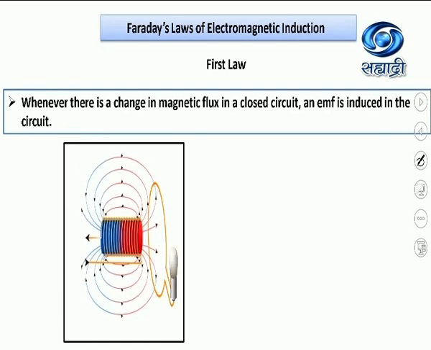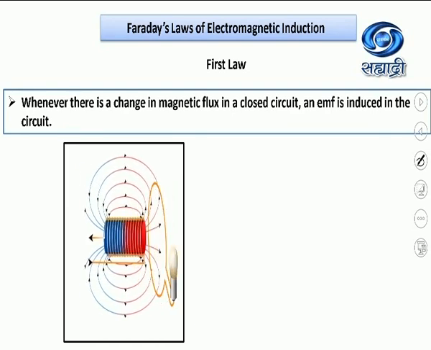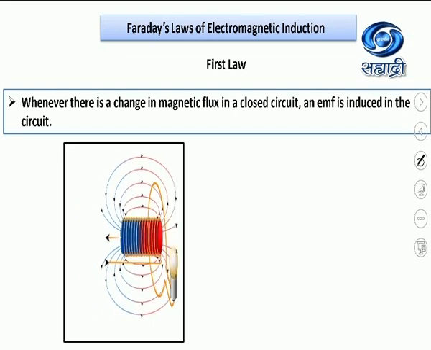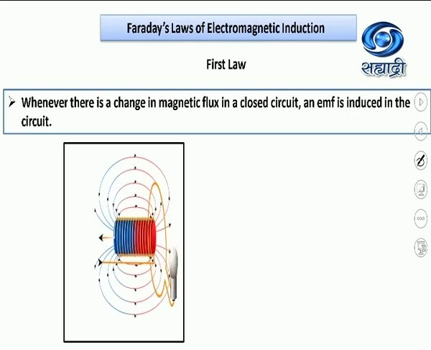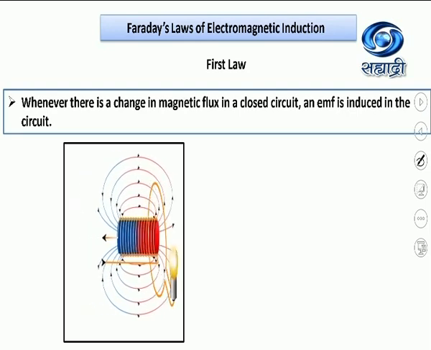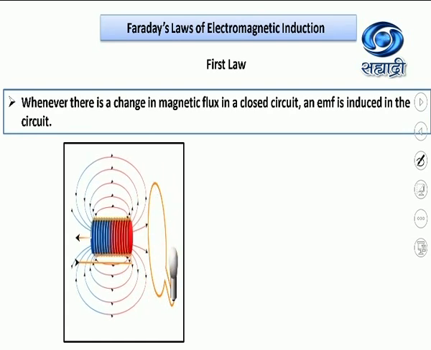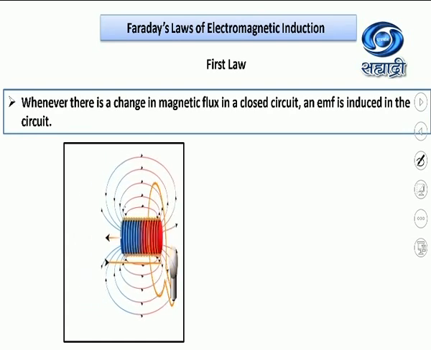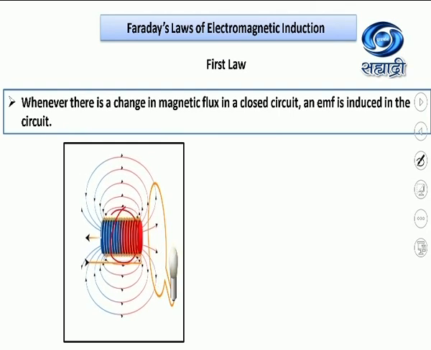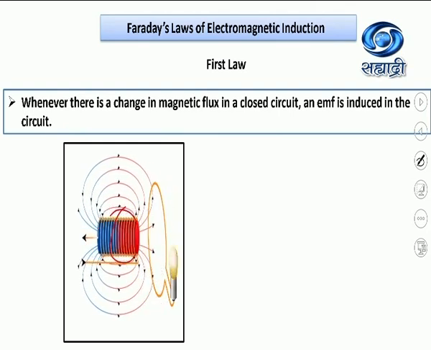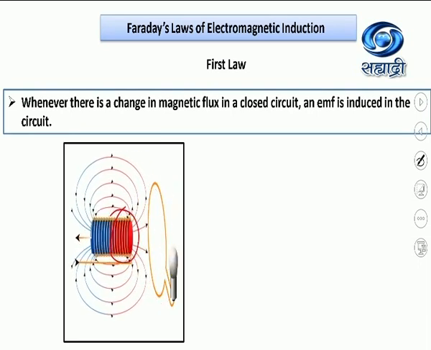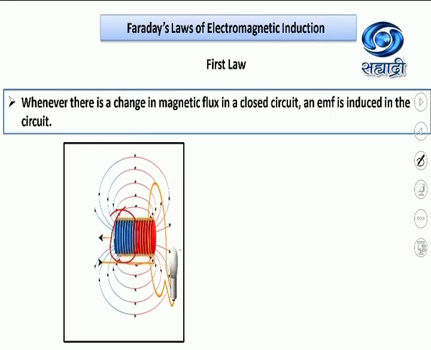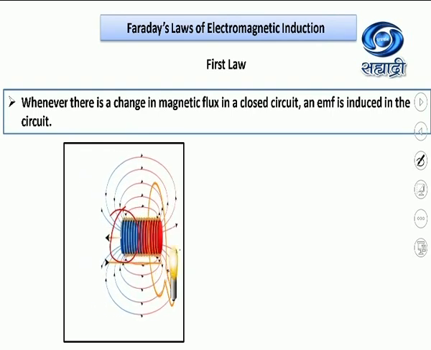So here is another animation with the help of which we can clarify our concept again. There is a coil through which current is passed, and that produces a magnetic field in the surrounding region, which you can see here. We have a solenoid through which current is passed, producing a magnetic field, and there is another coil. The terminals of the coil are connected to a bulb.